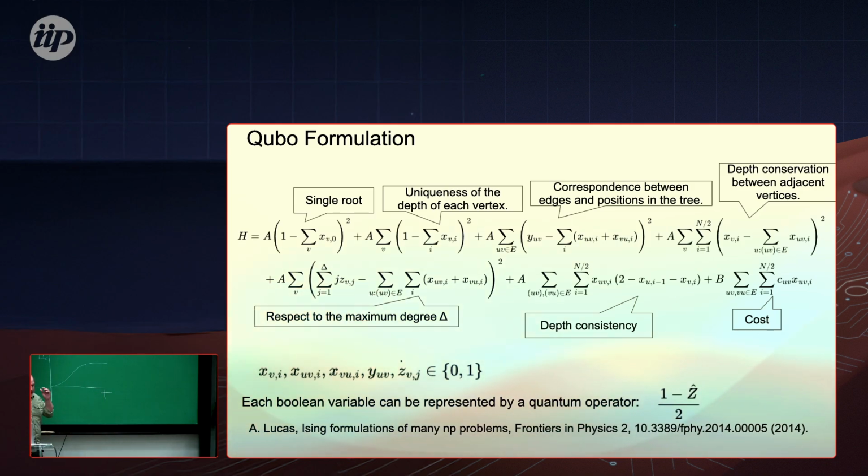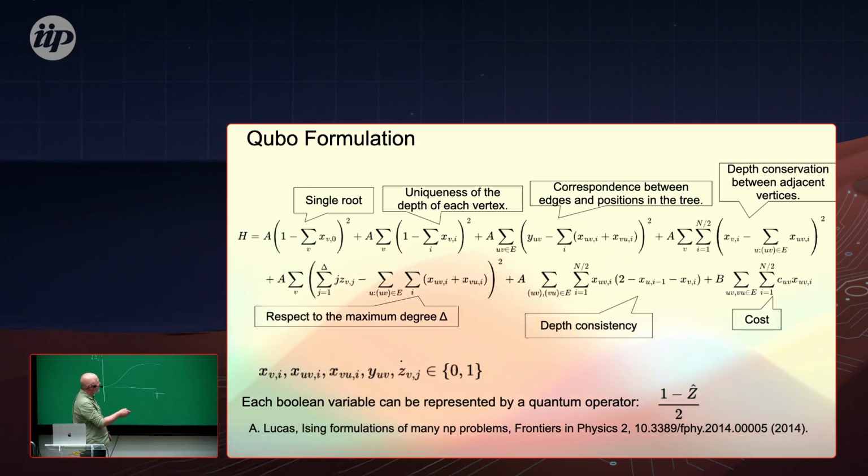So the standard way to solve this in terms of quantum mechanics is going for a QUBO formulation. In the QUBO formulation, what you have to do is write down a quadratic problem. The quadratic comes here from all those Boolean variables that are described here.